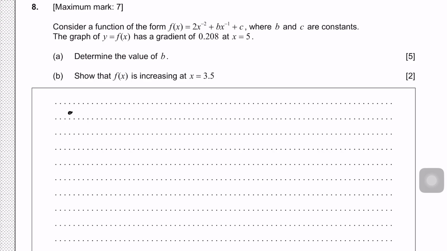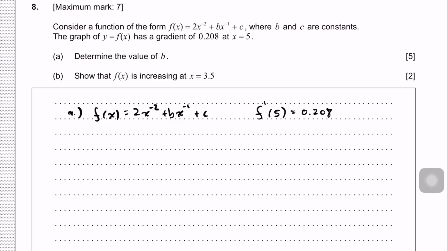So if they give us f of x right here, and it is 2x to the negative 2 plus bx to the negative 1 plus c, what do we know? We know that f prime, so the derivative, when we substitute in 5, is equal to 0.208.